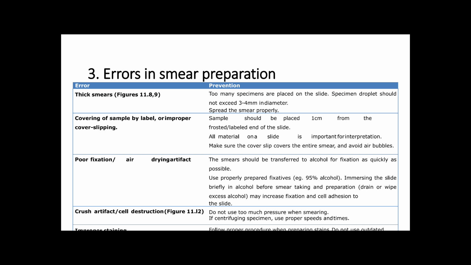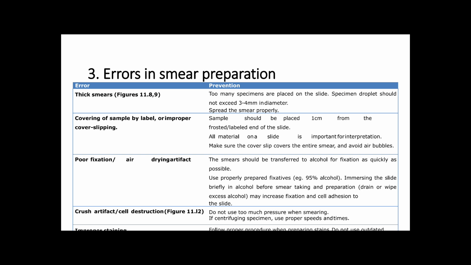Use properly prepared fixative, that means normally for fixation we use 95% ethyl alcohol, so we have to prepare it properly. And another thing, immersing the slide briefly in alcohol before smear taking and preparation, because dry or wiped excess alcohol may increase fixation and cell adherence to the slide.